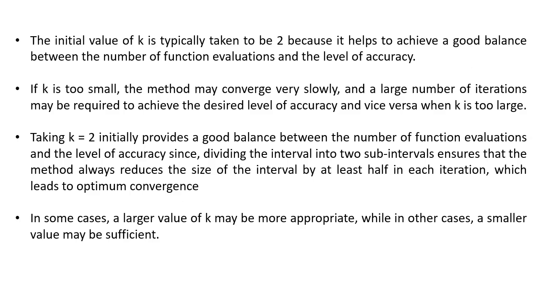In this slide I have explained why we take the k value to be equal to 2, because it helps achieve a good balance between number of function evaluations and the level of accuracy. If k is too small, the method may converge very slowly, and a large number of iterations may be required to achieve the desired level of accuracy and the desired interval in which our maximum or minimum value lies.